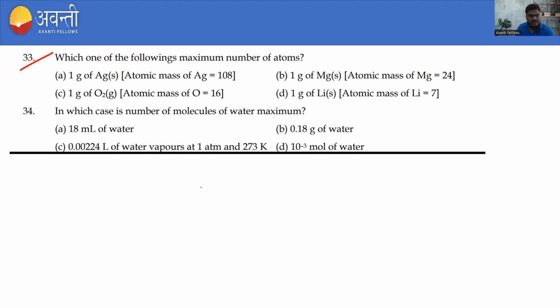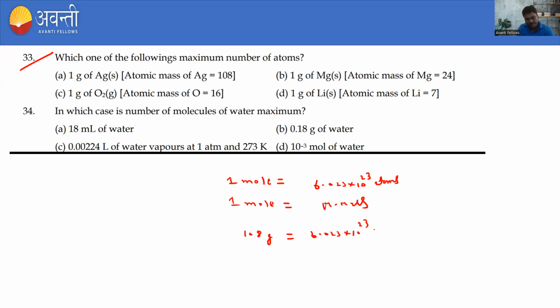For example, 33, we know that 1 mole contains 6.023 10 raised to the power 23 atoms. And 1 mole is also equal to the molecular mass. So 108 gram of Ag contains 6.023 10 raised to the power 23 atoms. ठीक है.